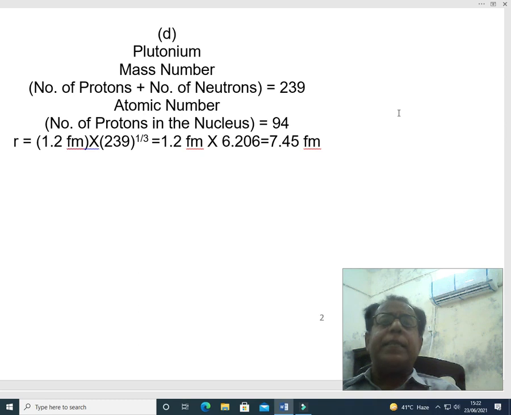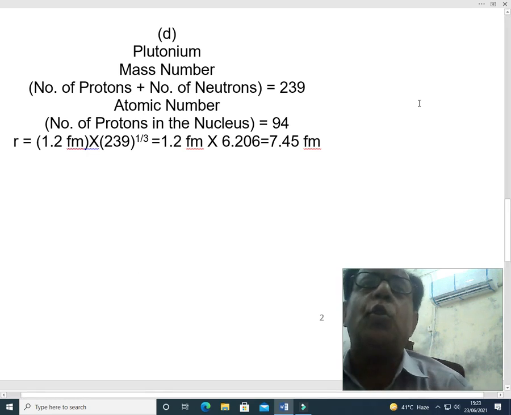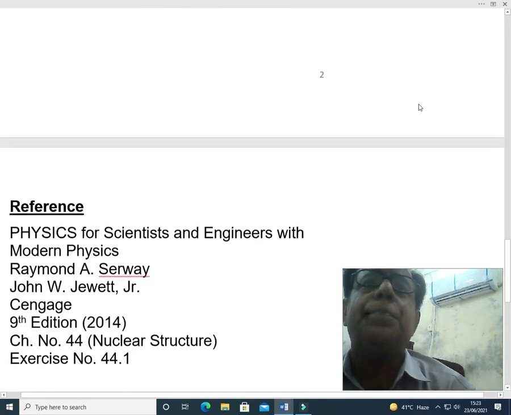When it is multiplied with r naught, that is 1.2 femtometer, we will find the result as 7.45 femtometer, which is the solution of part D of our problem.